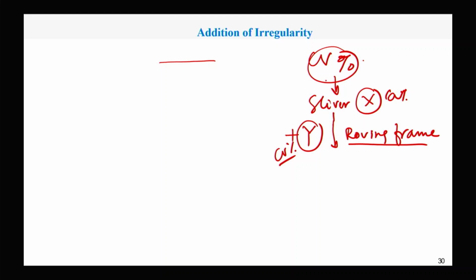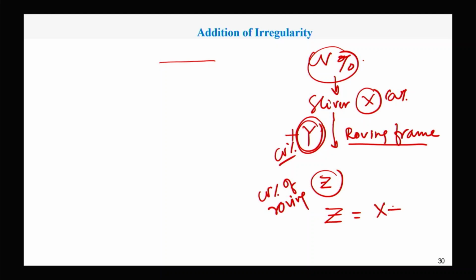And during this process, when it is adding CV, the resultant CV of roving will be Z. The CV of roving is Z, and CV added is Y. So is it the fact that we get Z by adding these two parameters, X plus Y?